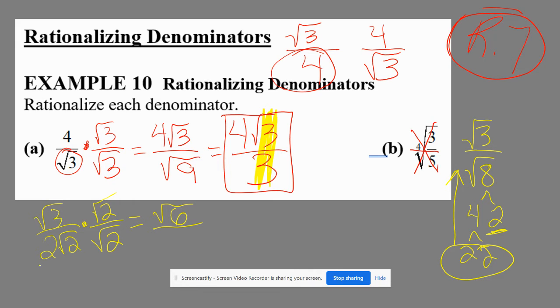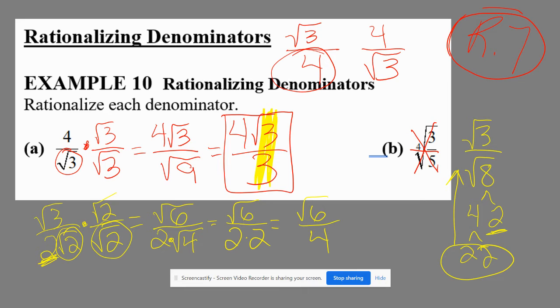On the bottom, we have this 2 on the outside that is there. And then square root of 2 times the square root of 2, they're both roots, so we can multiply them to make 4. Remember, this is 2 times the square root of 4. The square root of 4 is 2, and so 2 times 2 is 4.